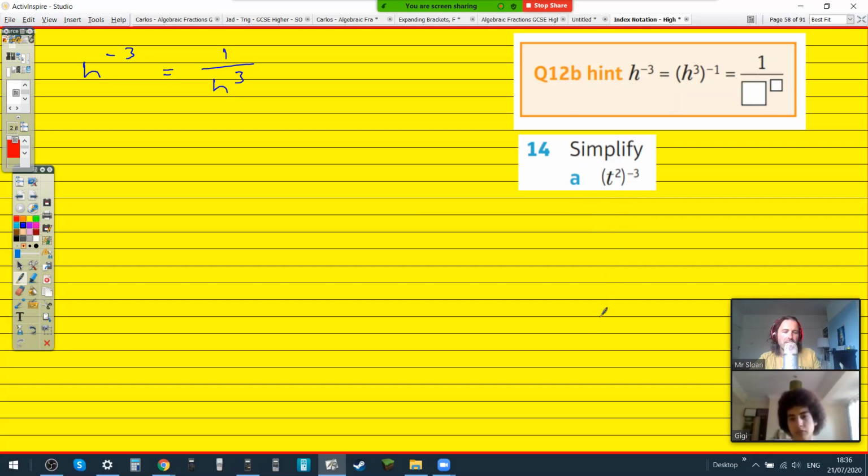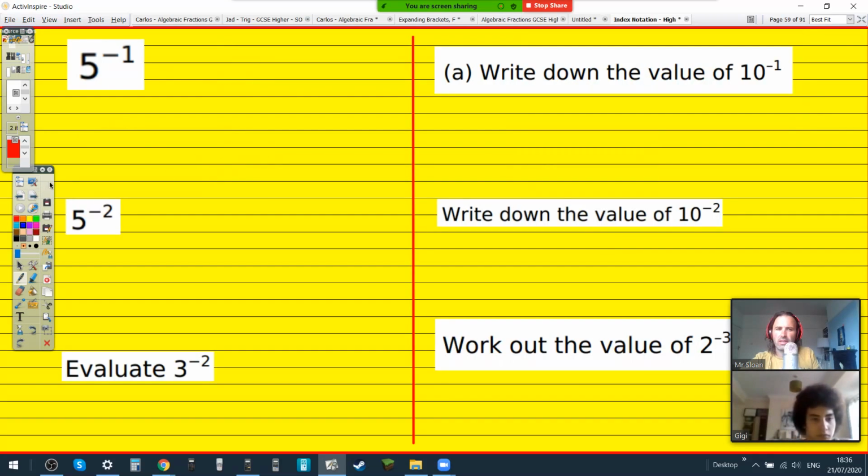Power to a power? t to the power of minus 1. You multiply them. Oh, t to the power of minus 6. And so t to the power of minus 6 is the same as? 1 over t to the power of 6. Well done. And so if you have a negative power, you can write it as 1 over.